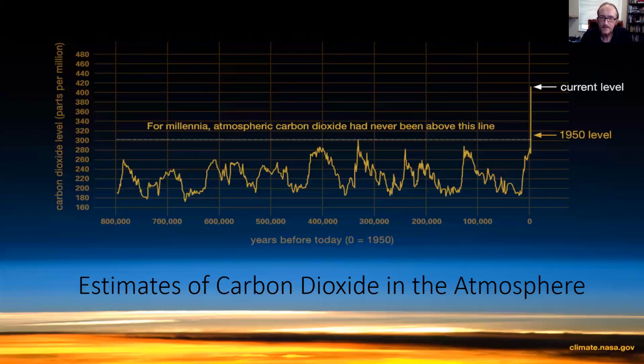So again, a busy diagram: estimates of carbon dioxide in the atmosphere. Again, this diagram has present at 1950, and then we've added the extra portion after 1950. So why 1950? We talked about this last time.